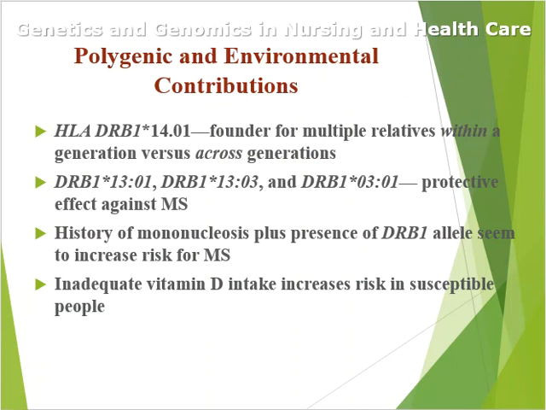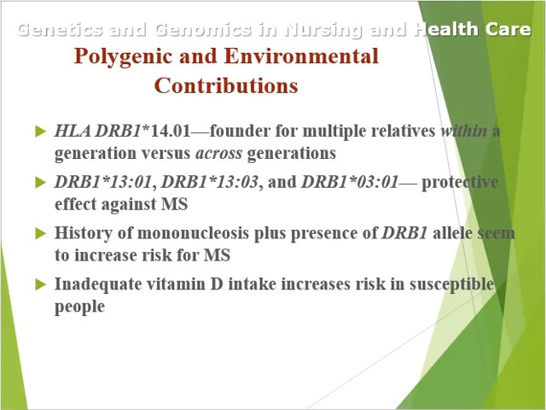So, polygenic and environmental contributions. The HLA-DRB1 14.01 is the founder for multiple relatives within a generation versus across generations. And then you've got the other genes that are protective against multiple sclerosis. And so, again, I mentioned usually an illness or a virus triggers it.